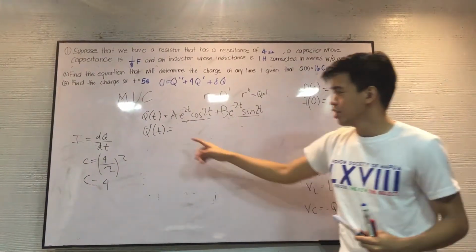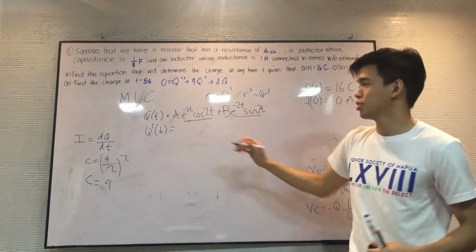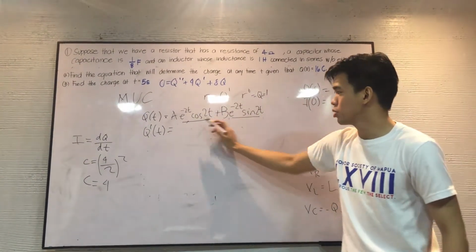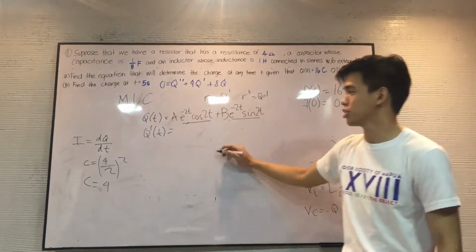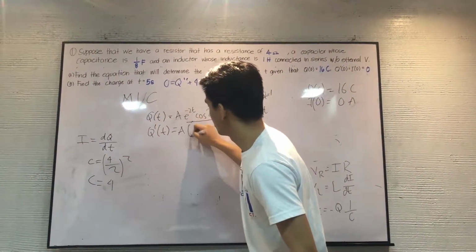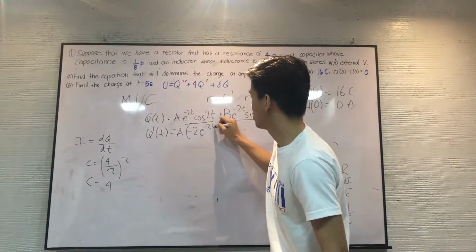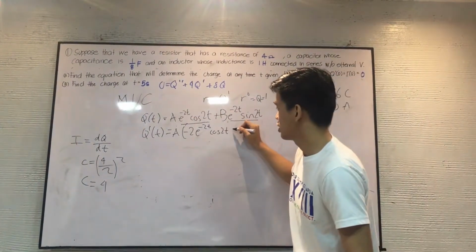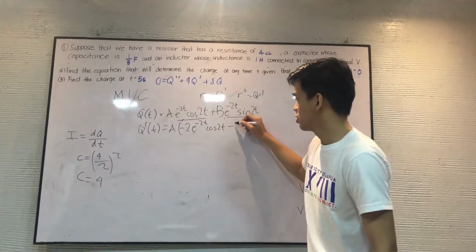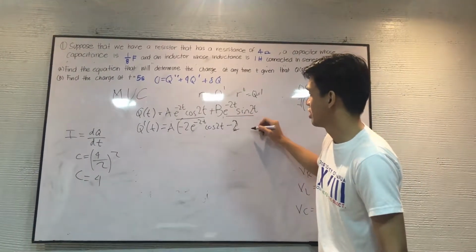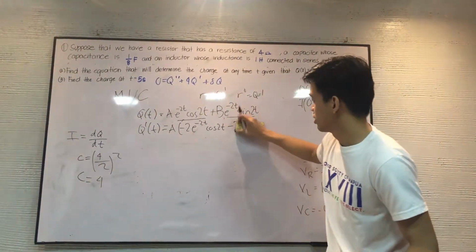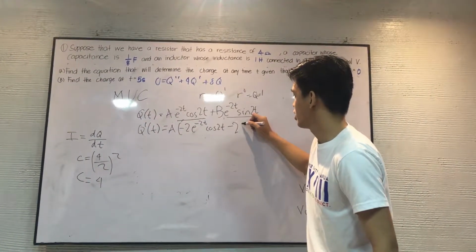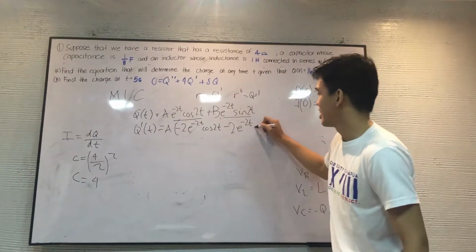So this is the first derivative of the charge. In order to get the differential equation, we have to use the product rule for both functions, where it is equal to negative 2e^(-2t) cosine 2t minus 2 sine 2t.